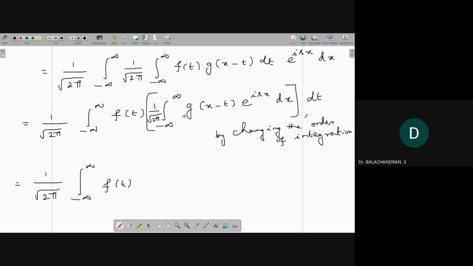Actually, this is nothing but the Fourier transform of g of x minus t. So the Fourier transform of g of x minus t is what? 1 by root 2 pi, minus infinity to plus infinity, g of x minus t into e power isx into dx. So this is the Fourier transform of g of x minus t, into dt.